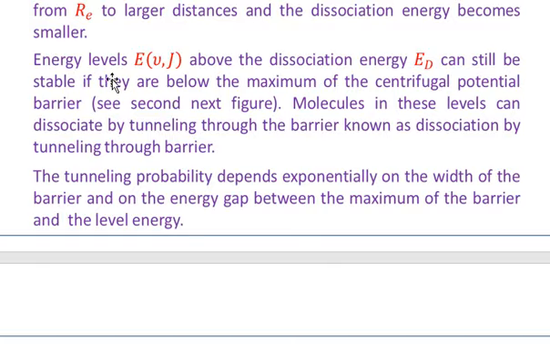So the energy level E, which is a function of the vibrational quantum number and rotational quantum number, above the dissociation energy ED, can still be stable if it is below the maximum of the centrifugal potential barrier.